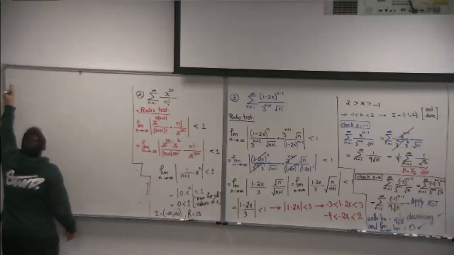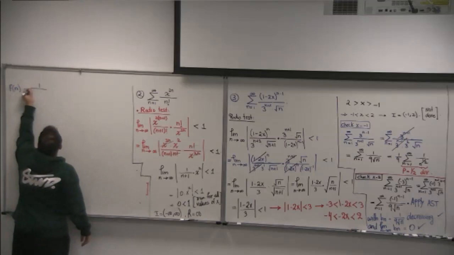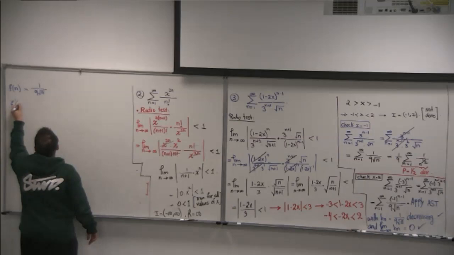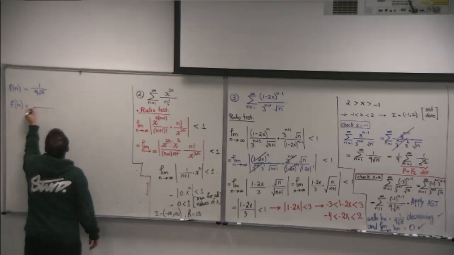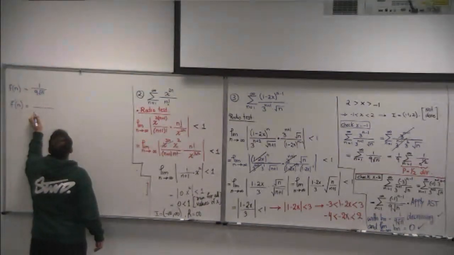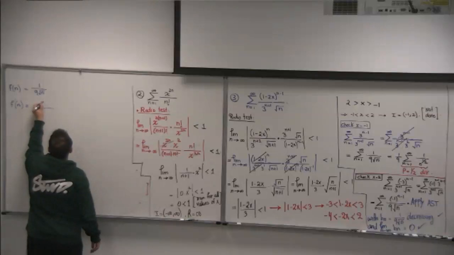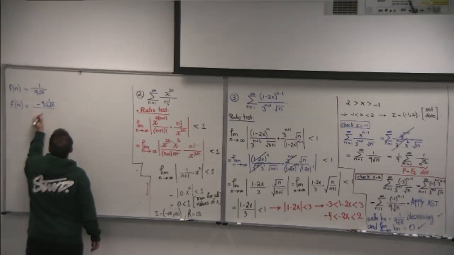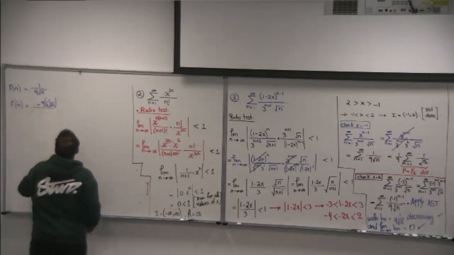So if f of n is 1 over 9 root n, then f prime of n is the derivative of the top times the bottom, that's 0, minus the derivative of the bottom, divided by the denominator squared, in brackets.